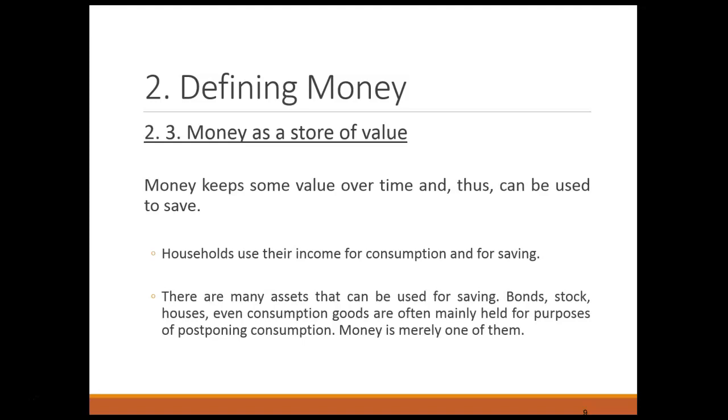If your current income exceeds what you currently wish to spend, you can put some aside to consume at a later point. Now, there are many available goods like bonds or stocks, houses, or even consumption goods that you could use to store some of this income and to consume later. Money is merely one of many available substitutes in this context.